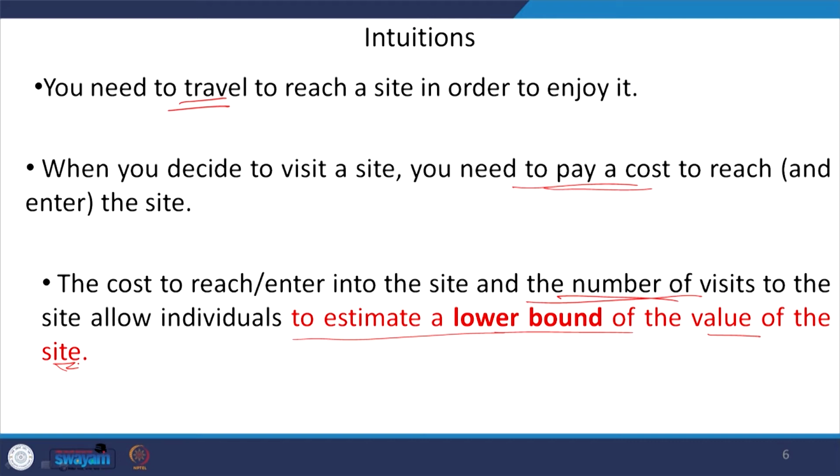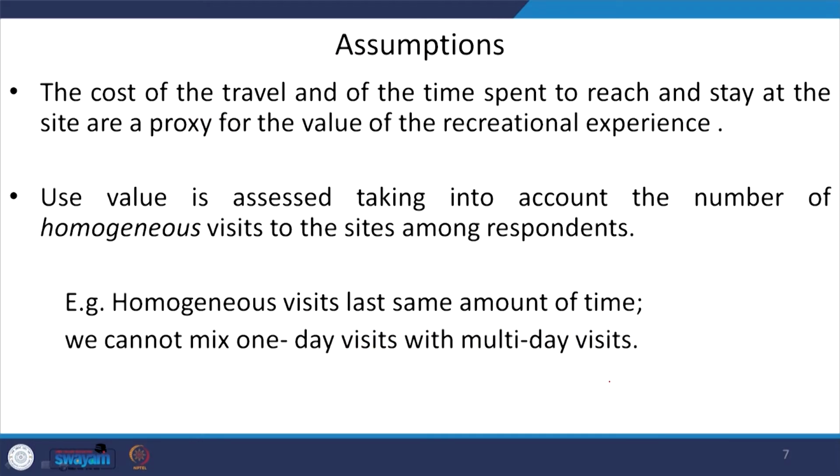So, how many times a person is paying a visit to site X in a year actually displays a lower bound of the value of that site for that person only. In this way we can make out the value of a particular recreational site to different visitors.